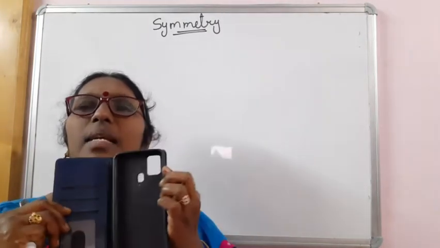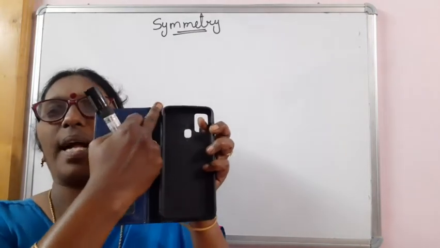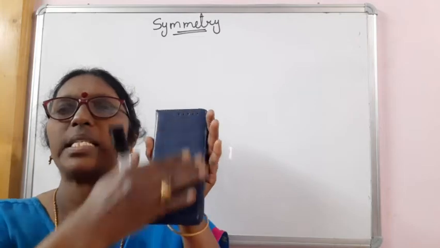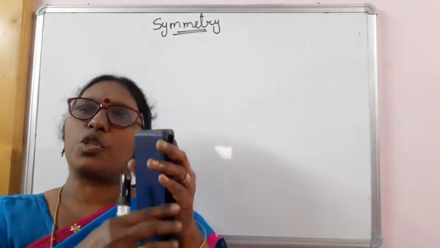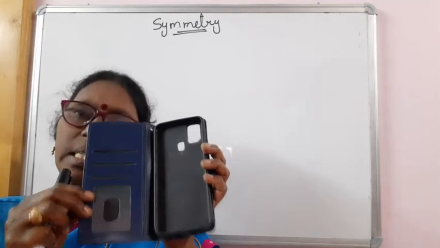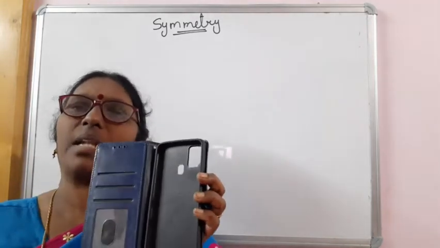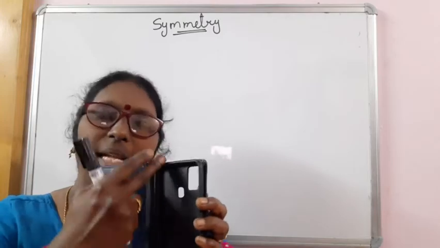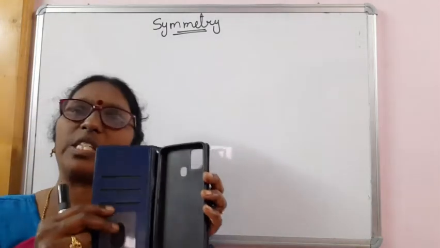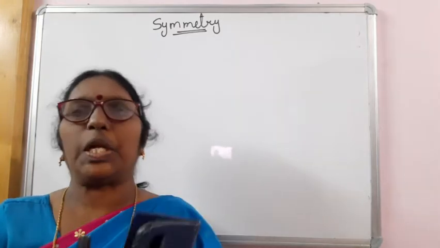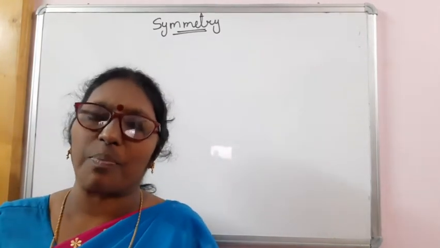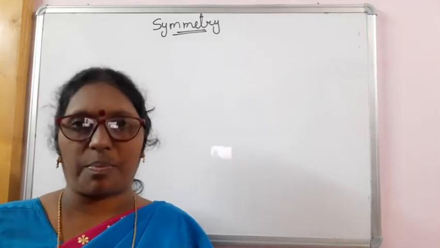When this is divided into two parts, these two coincide with each other. So we can say that this object is symmetrical about this line. And the line which divides the figure into two equal parts is called line of symmetry or axis of symmetry.